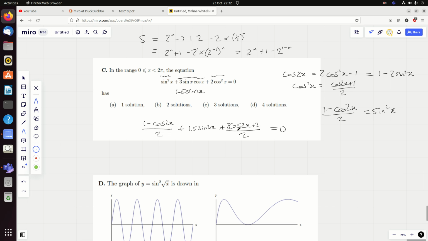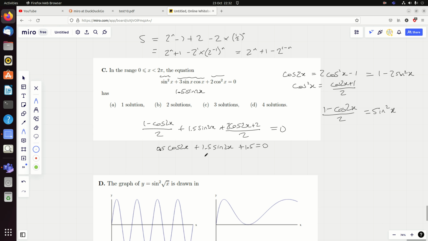Minus cos 2x plus 2 cos 2x is plus cos 2x, and then you've got 1 plus 2, which is 3. So you're going to have 0.5 cos 2x plus 1.5 sine 2x plus 1.5 equals 0. So we've got half cos 2x plus 1.5 sine 2x plus 1.5 equals 0.